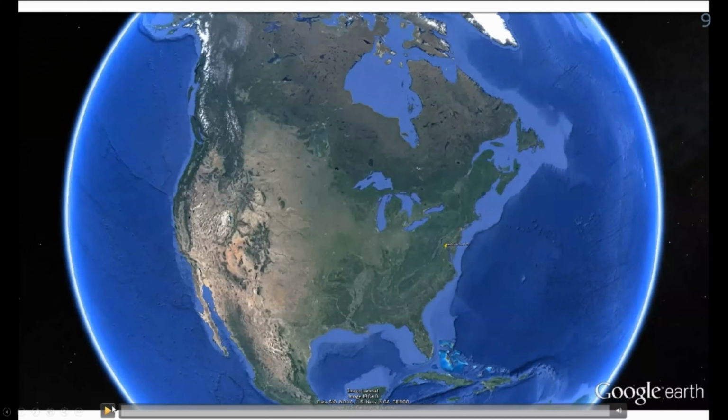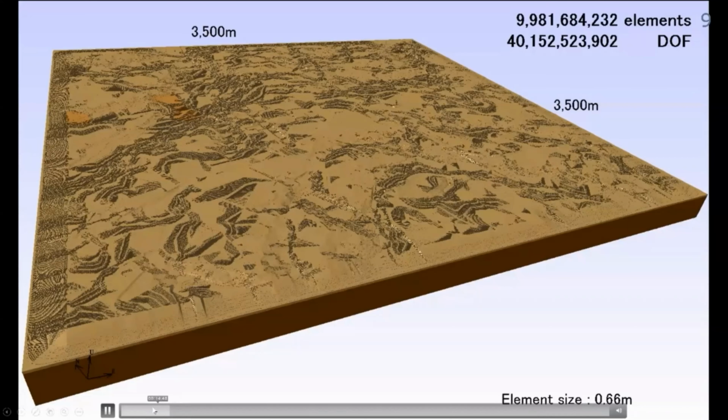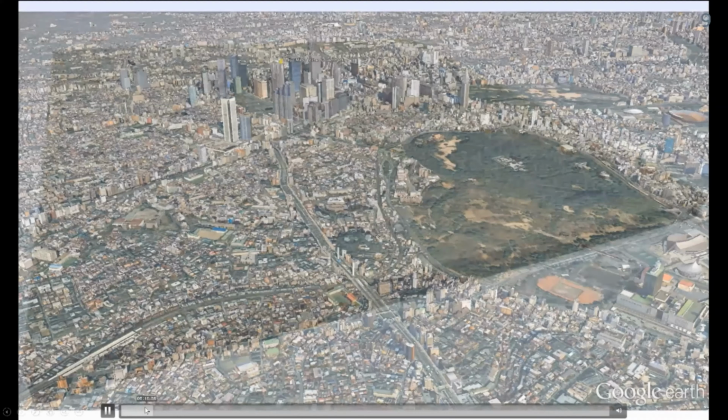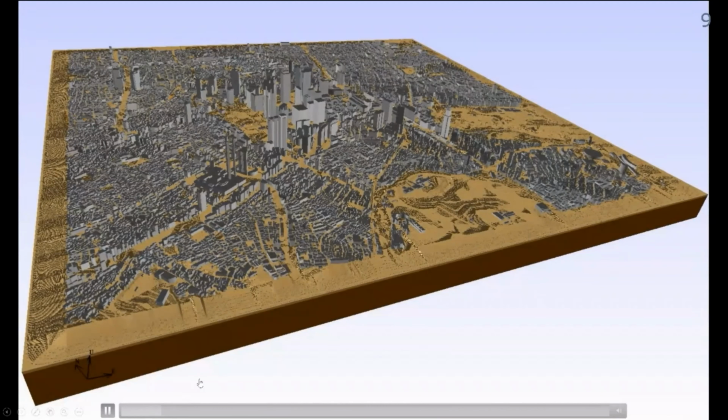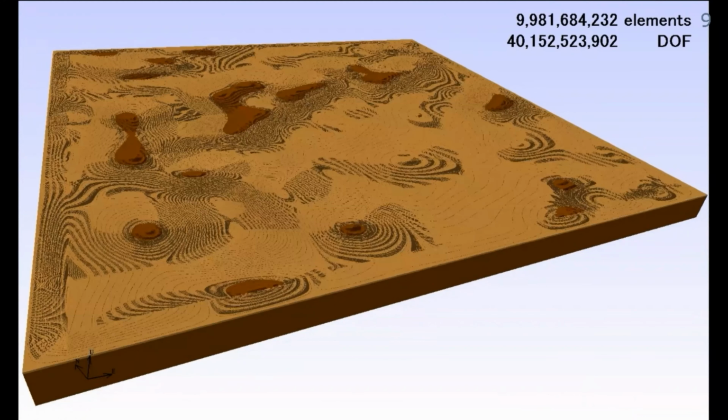Here is one of the application examples. This is a not so large scale problem. It's small, but its degree of freedom is not so small. Its element size is 0.66 meter. Here we use a second order tetrahedral element.